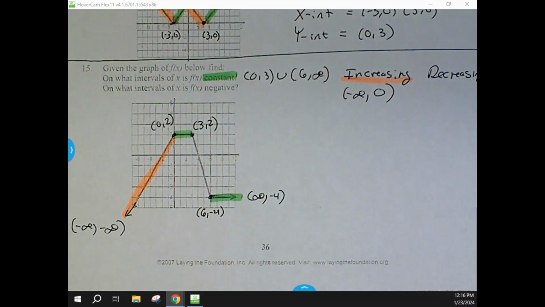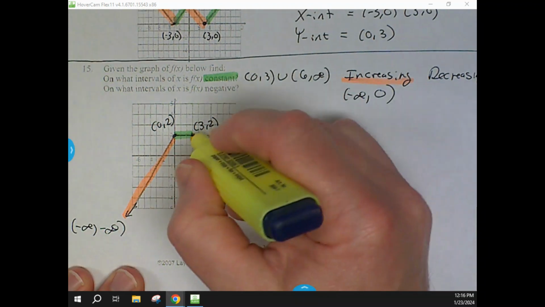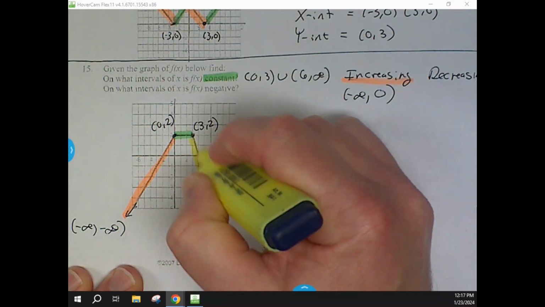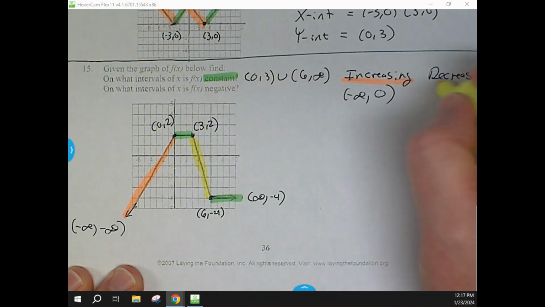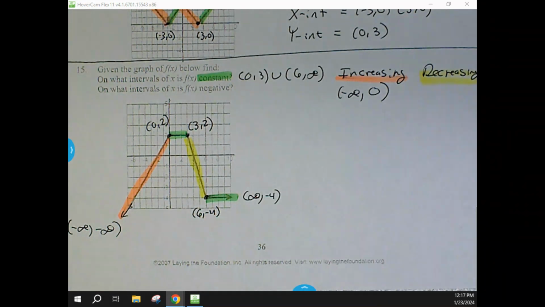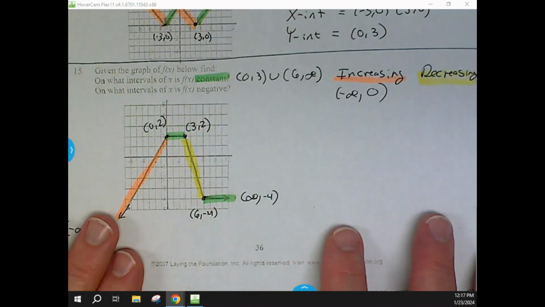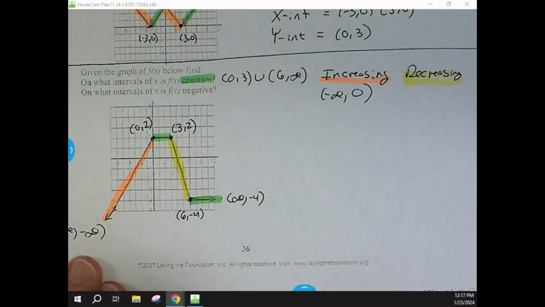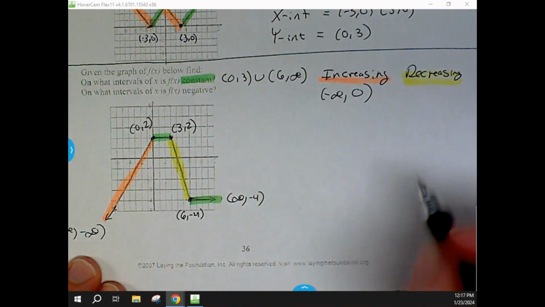And decreasing, that's where the graph is going down, or we got a negative slope. That'd be that section right in there. So that starts at 3 and then goes to 6.